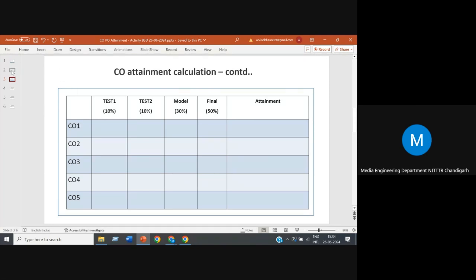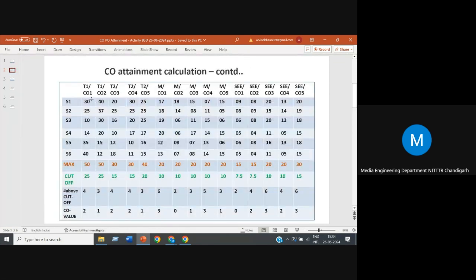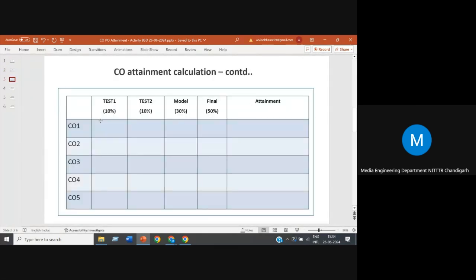For that, again, we need to refer to this. CO1 attainment from test 1 is column 1, so CO1 attainment is 2. We'll write this 2 into this particular cell, which is for CO1 based on test 1.